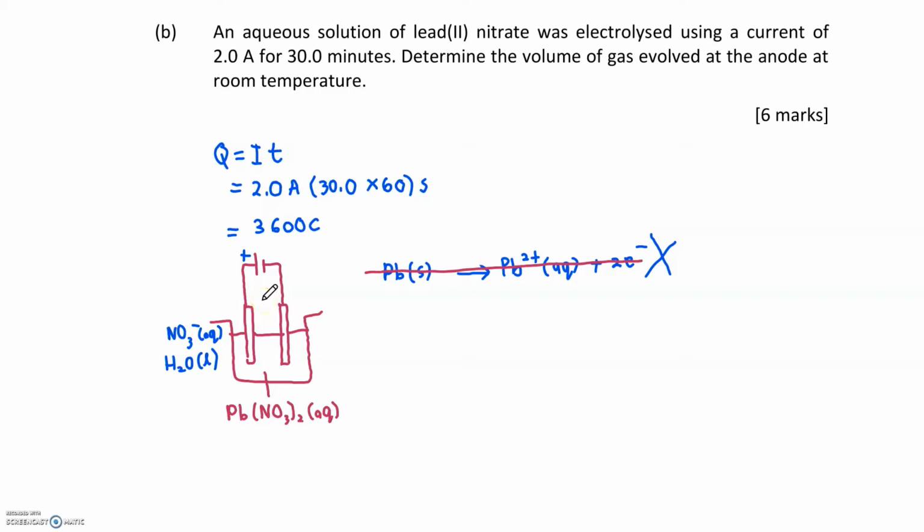Therefore, the anode is an inert electrode. So now we have two candidates for oxidation, which is NO3- and H2O.